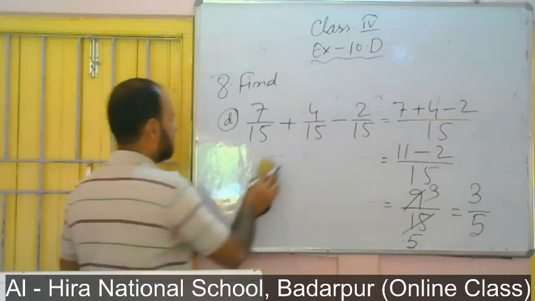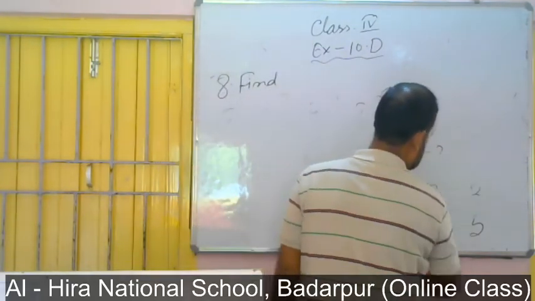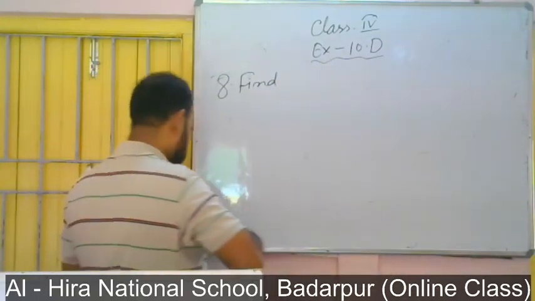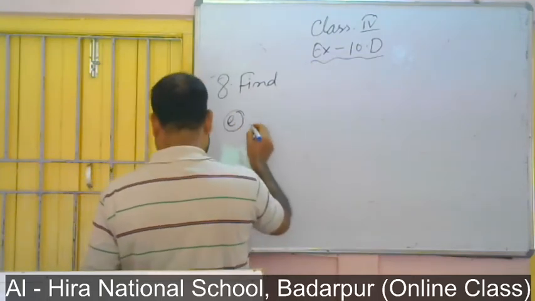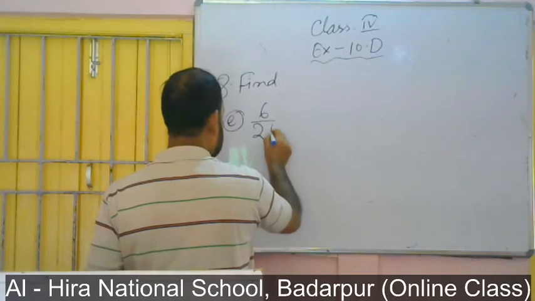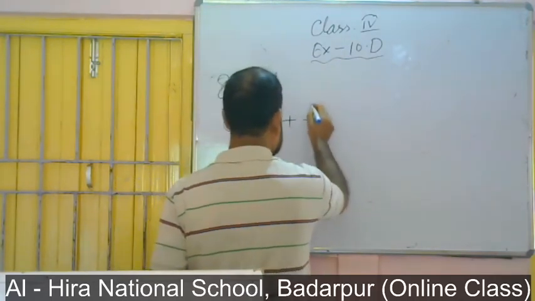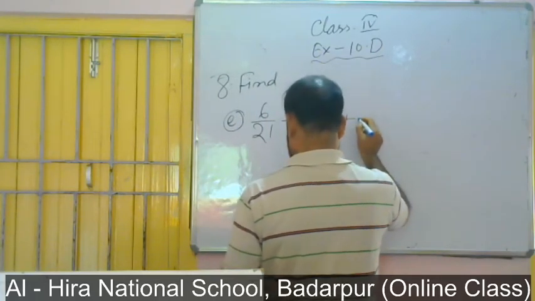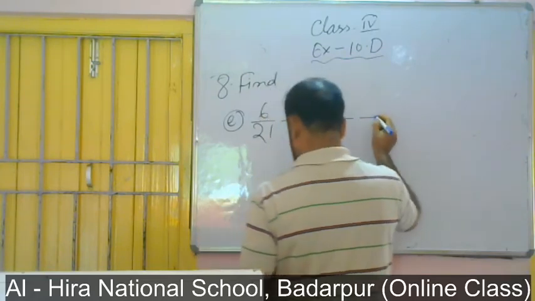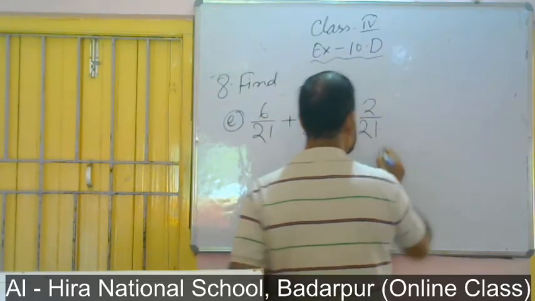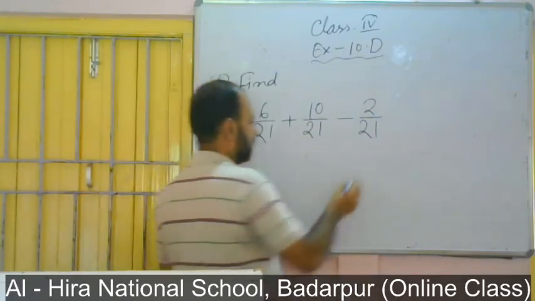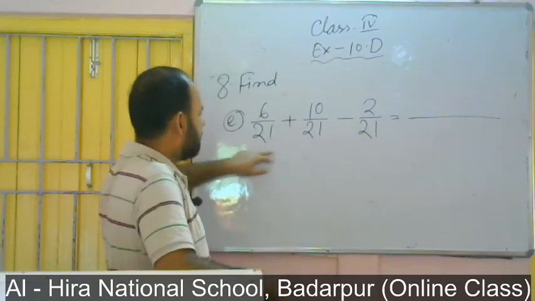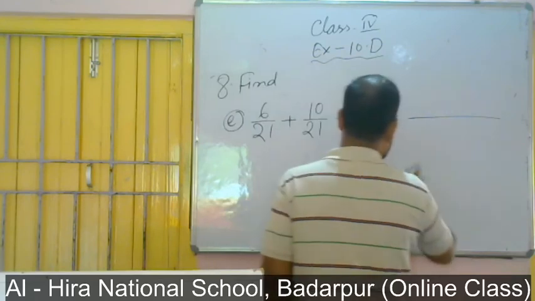Next, question number E: 6 by 21 plus 10 by 21 minus 2 by 21. The denominator is 21 for all, so all the fractions are like fractions.